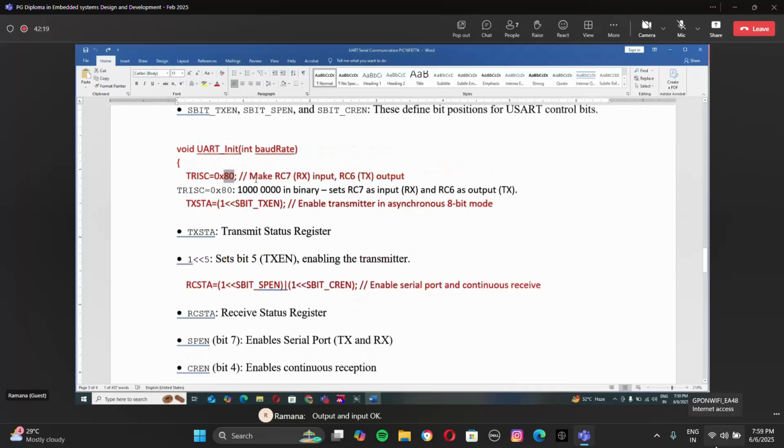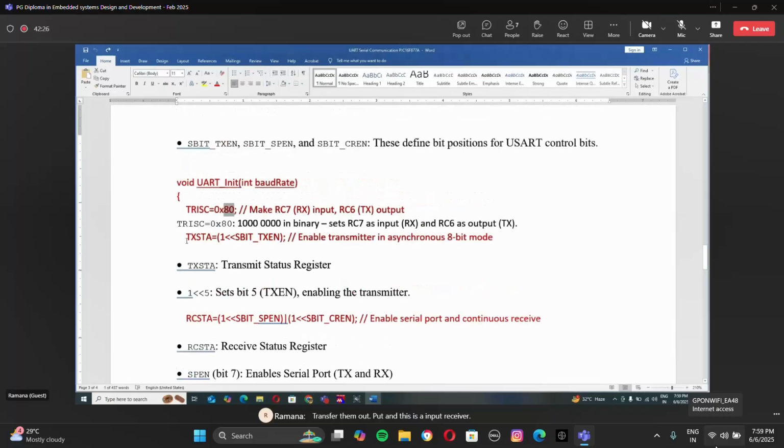And here we are using TXSTA. We'll check this register. We are setting SYNC and TXEN, enabling transmit in asynchronous 8-bit mode.